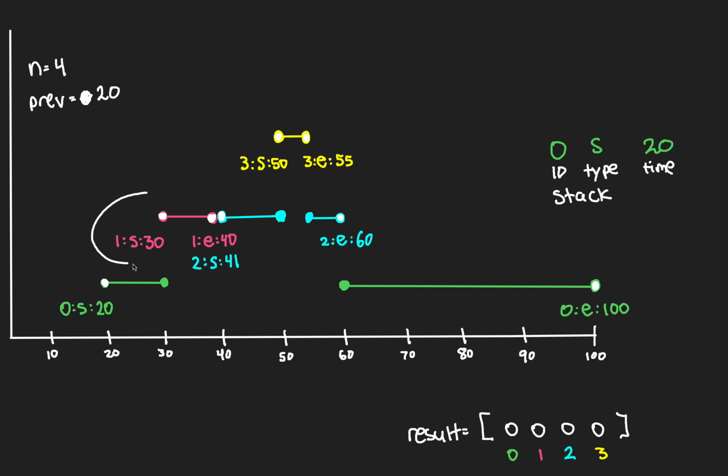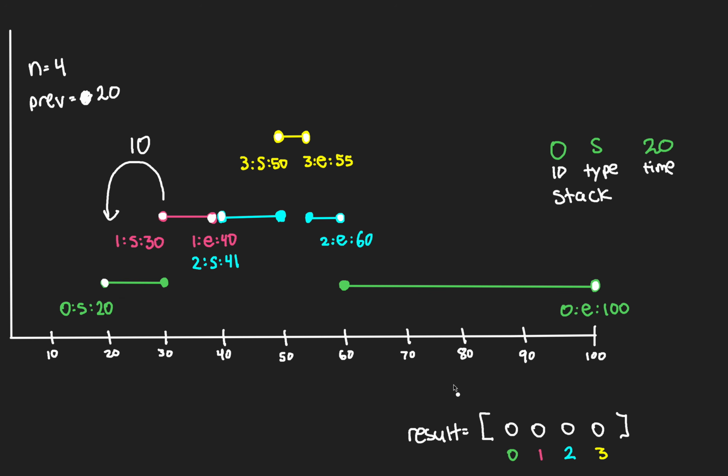Moving on to the next iteration, we invoke function 1 that started at a timestamp of 30. Unlike before, our stack is not empty, meaning there's an actual previous log. We'll take a timestamp of 30, minus a previous of 20 to get a duration of 10. Function 0 has run for that long.